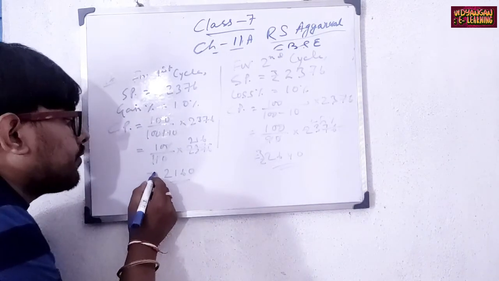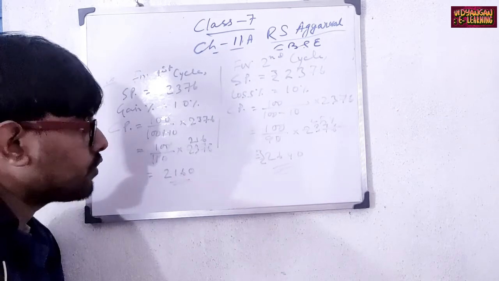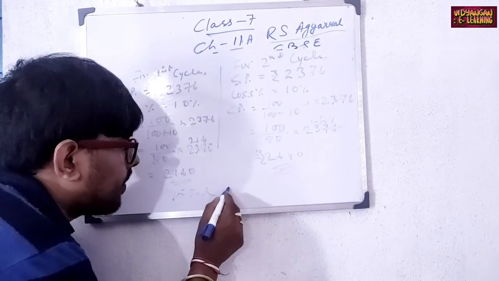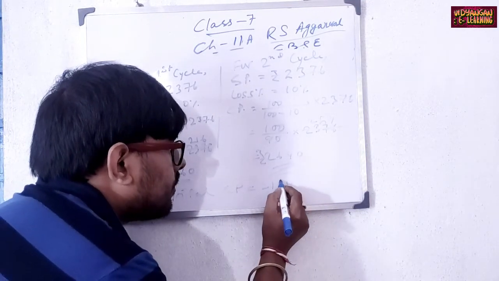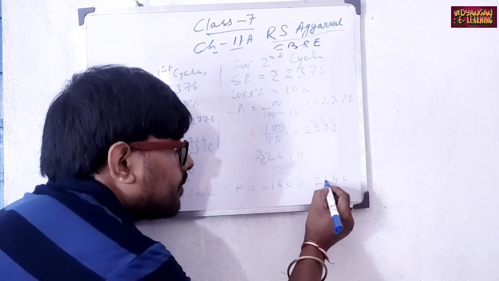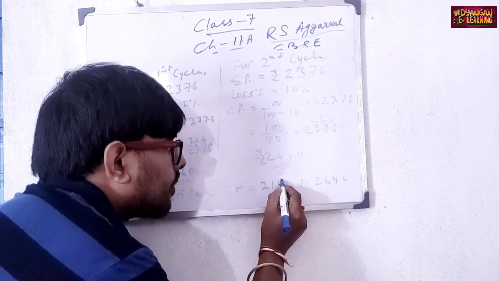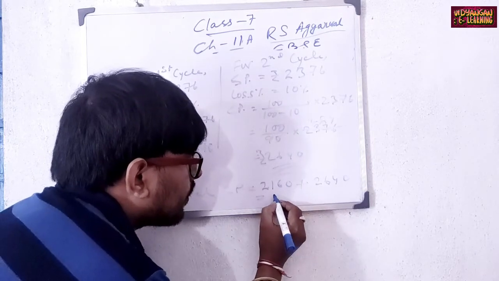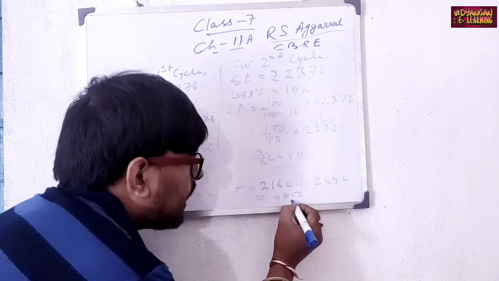This was the cost price for the first cycle and this was for the second cycle. So the total cost price is 2,160 plus 2,640, which is 4,800.